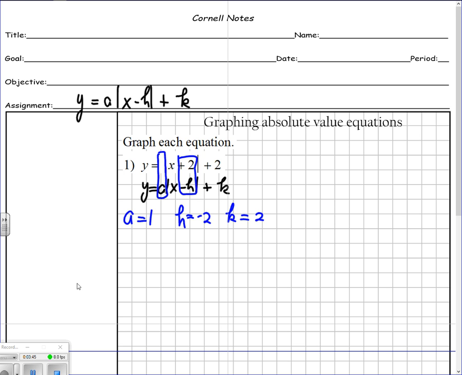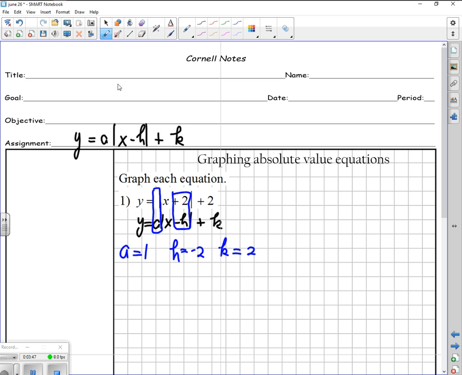Now to graph it, I'm going to put in my x and y axis. Here is my y axis, and here is my x axis.